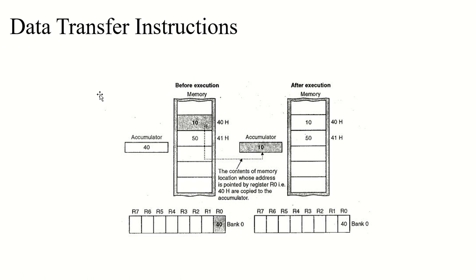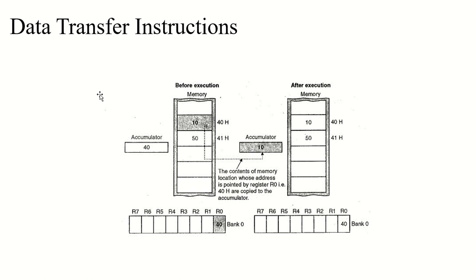So let's say R0 is 40h, and in memory location 40h, what is stored? 10h. So whatever the content of the memory location whose address is pointed to by the register, which means 40h, is copied to the accumulator.